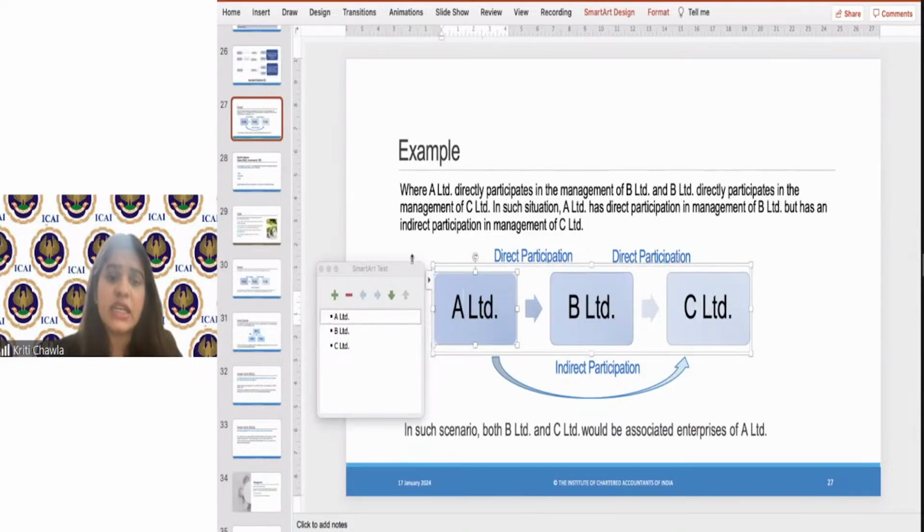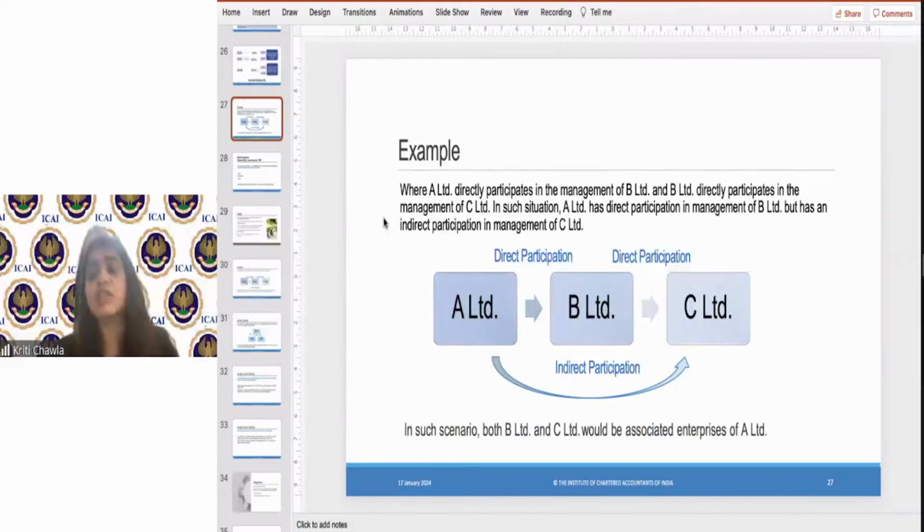Till we discuss that situation, this particular situation will not be within the purview of transfer pricing. That is because C is an unrelated party. C is not related to A, C is not related to B. So if A and C transact, they will transact at an open market price, and transfer pricing provisions will not be applicable.